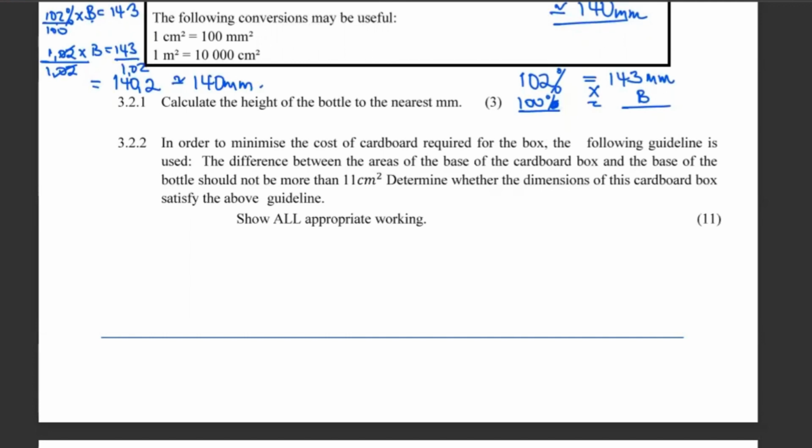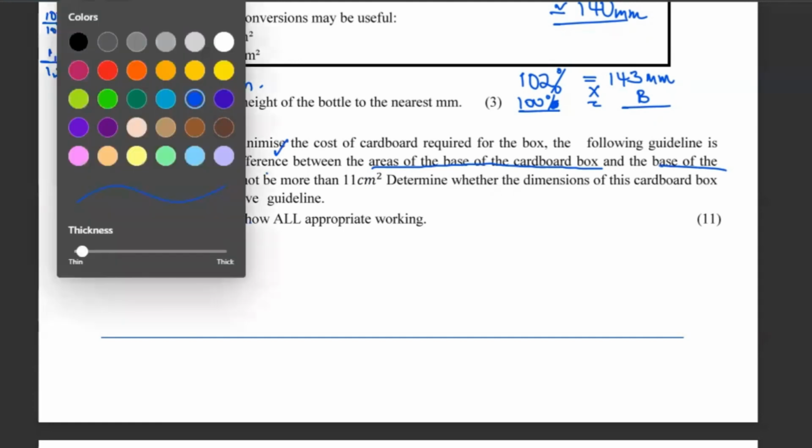Remember, we're going to look for the difference, which simply means you need to subtract. What are you going to subtract? The area of the base of the cardboard box and the base of the bottle. They have to be in centimeters squared. Are they? We need to take note of that.